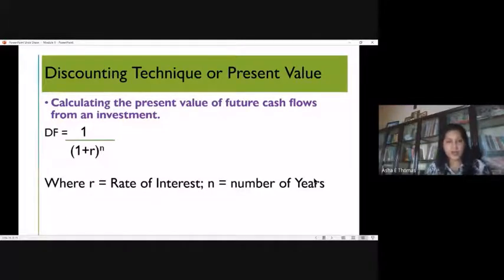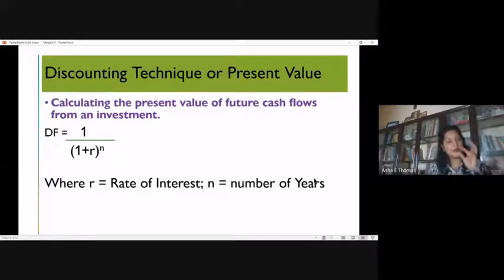Even today, suppose it is 1 rupee and 10% is my discount factor, the value of 1 will be a little lesser than the value of 1 today. If I'm looking at a period of 1 year, after 1 year what I'm getting would be much lesser than the whole sum of 1.